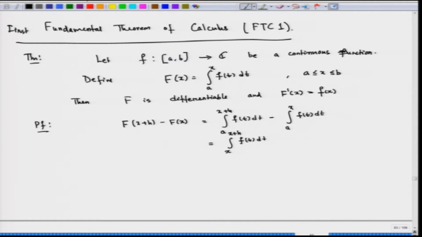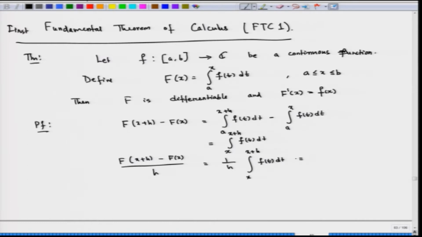Now, f is a continuous function. So, in the last lecture what we have done is that the average, F of x plus h minus F of x divided by h, is equal to 1 by h times the integral from x to x plus h of f of t dt.